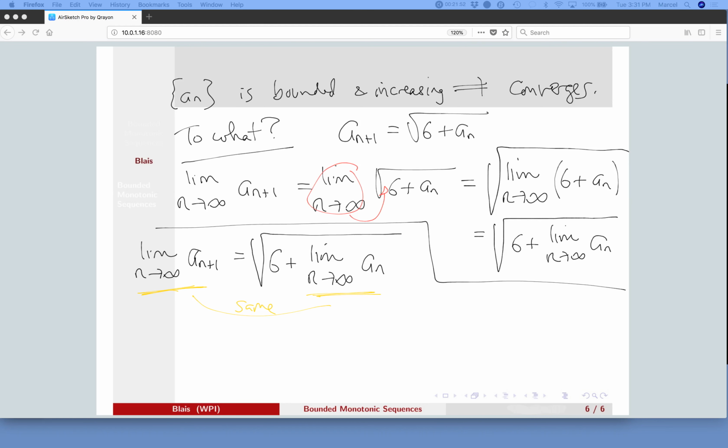And you can think of it in the following way. Suppose we picture our number line. And so we have some general expression. Here's a sub n.